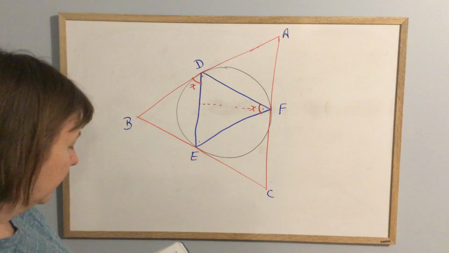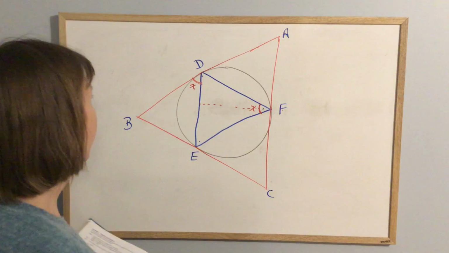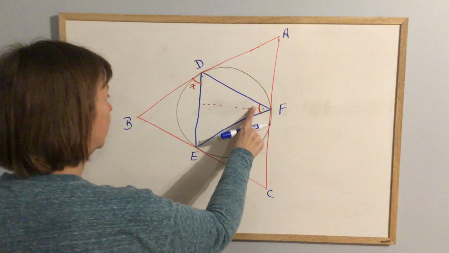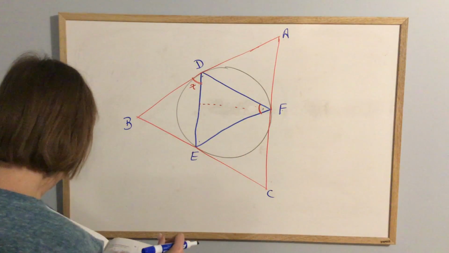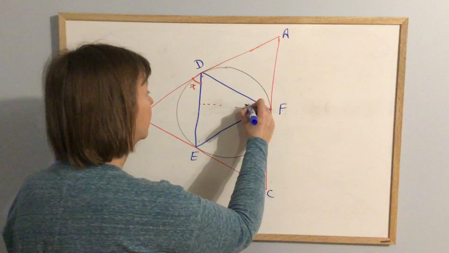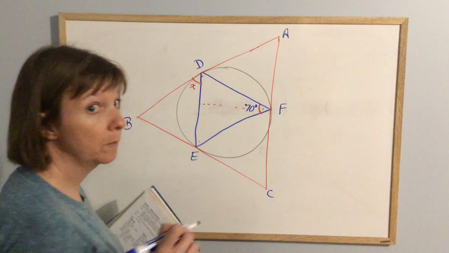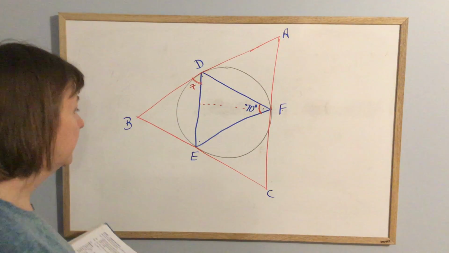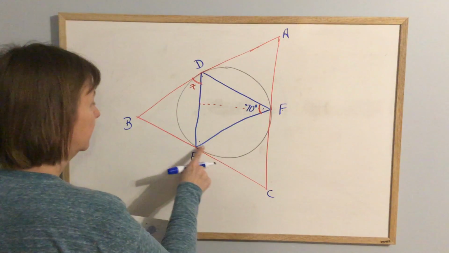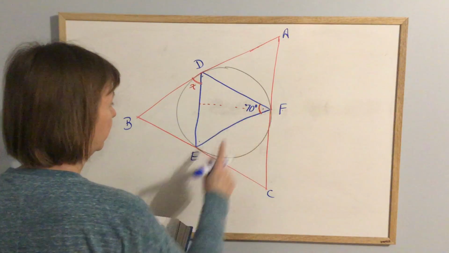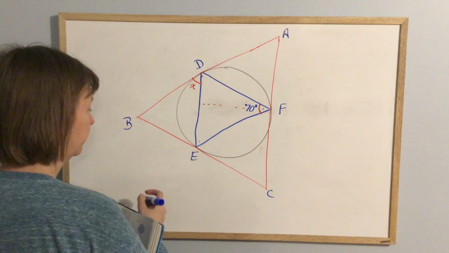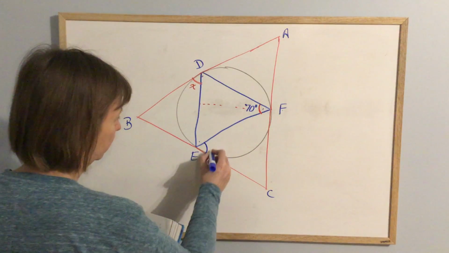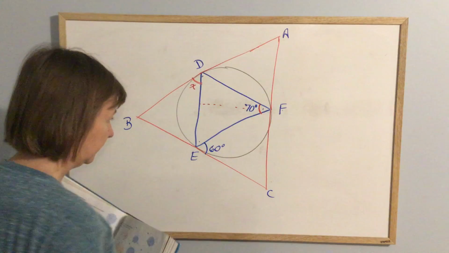Now, they tell us that angle DFE, so this angle right here, they tell us is 70 degrees. And CEF is 60, CEF, okay? So this angle from this chord to that point of tangency, that is 60.